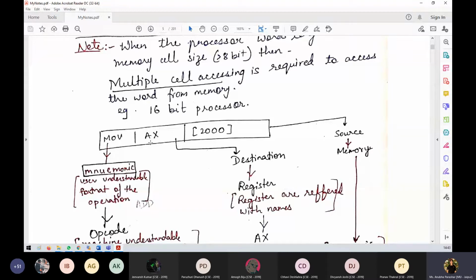Registers are always called by names, like AX, BX, and these contain 16-bit address space. Whereas memory is always referred to with the address space. And move means whatever is here will be moved to memory.